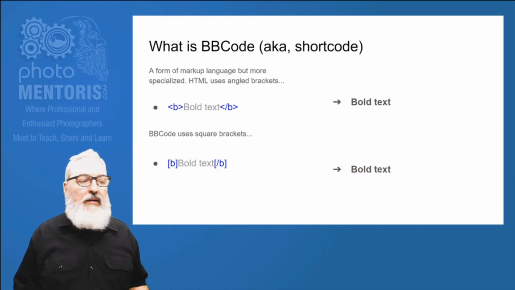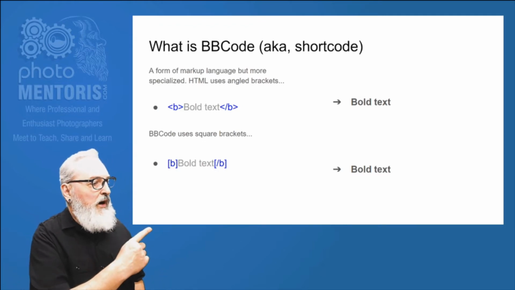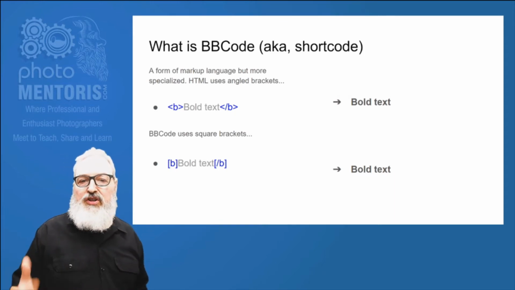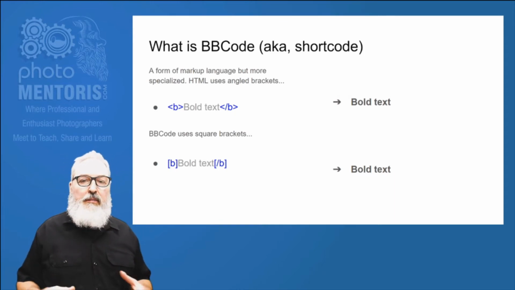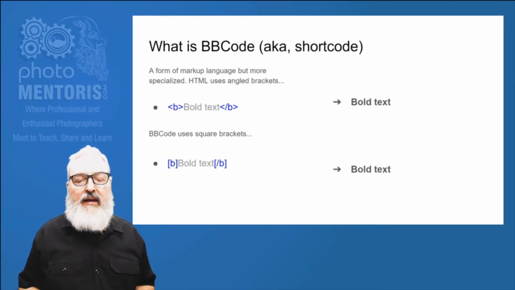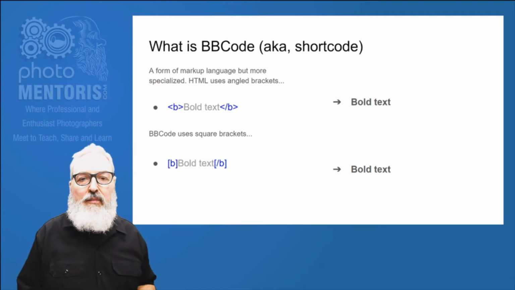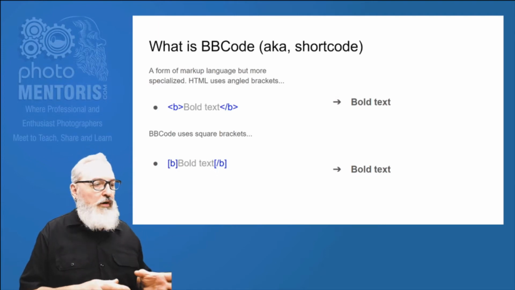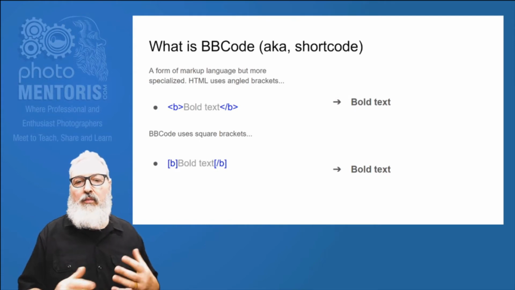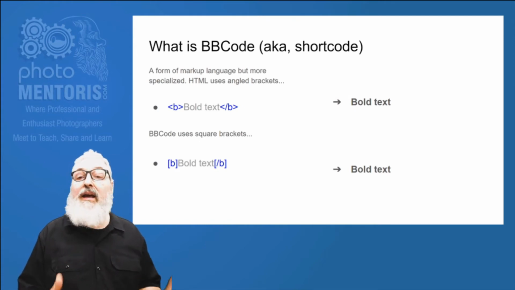So BBCode, like it says, is a form of markup language, but it's a little bit more specialized. Where HTML uses angle brackets, BBCode is going to use square brackets. And it goes a little bit beyond HTML code, because BBCode can also work as a way of creating a template.